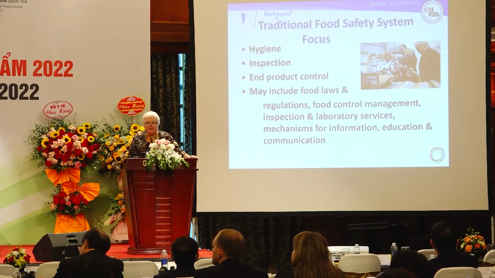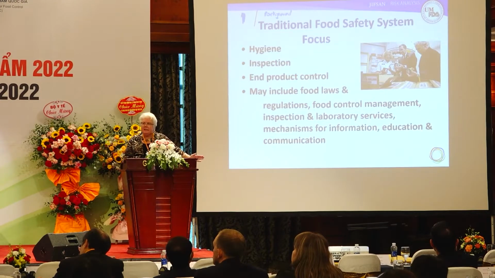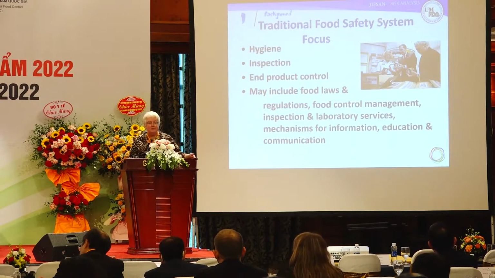So when we think about what's happening historically, traditionally we've really talked about things in terms of hygiene, inspection, and in-product controls, and it may include certain laws and regulations or certain food control management processes. It can include laboratory services, which we've been hearing about, and mechanisms for information, education and communication to inform ways to reduce risks.